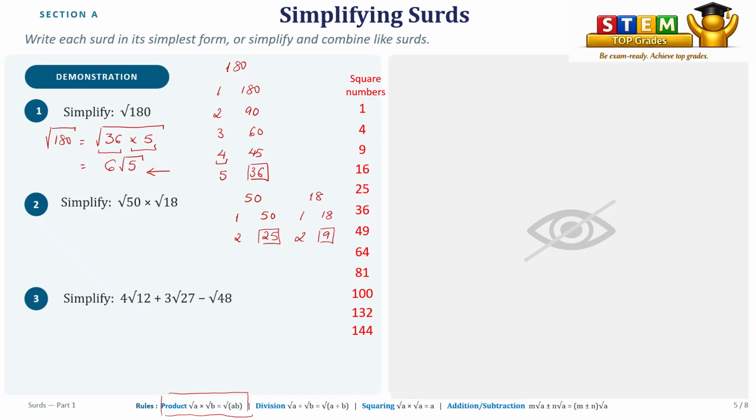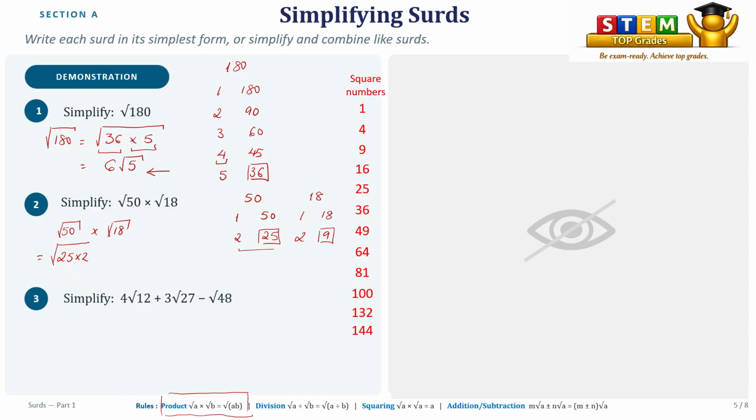So how are we going to write out the answer? Now, square root of 50 times the square root of 18 will be written as square root of, now we're going to take the bigger number first. So 25 times 2.